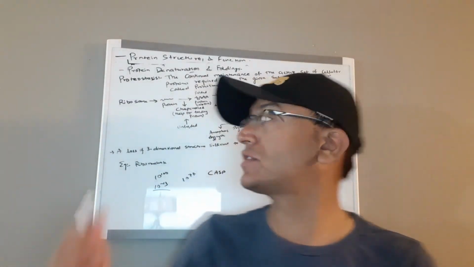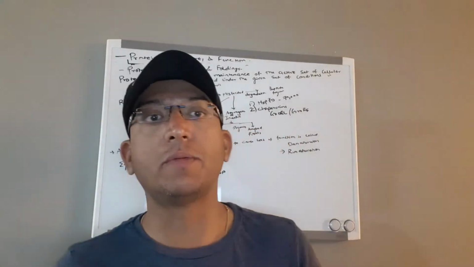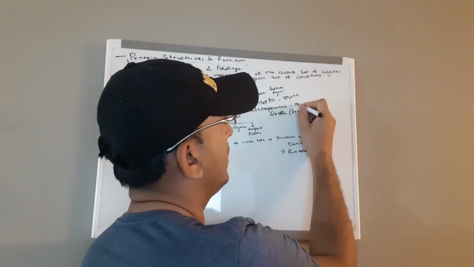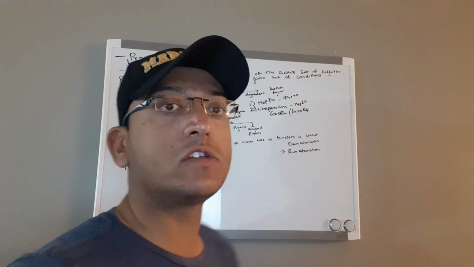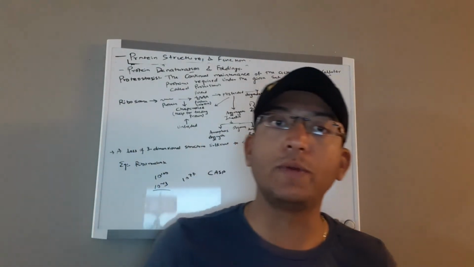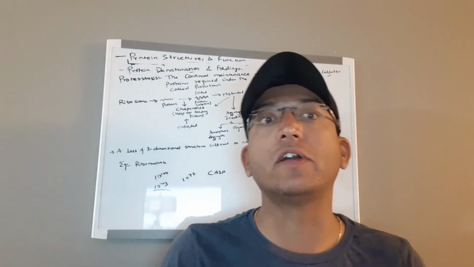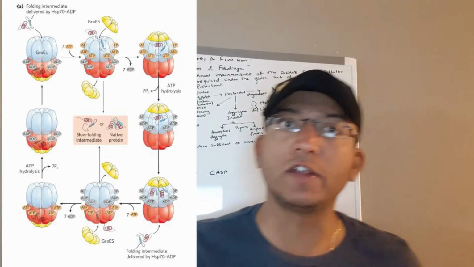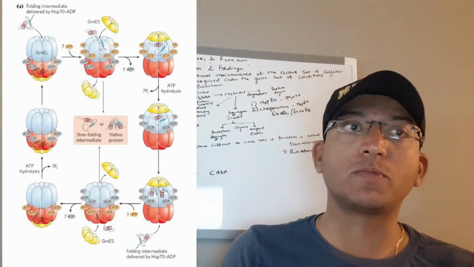The analogous chaperonin system in eukaryotes is called HSP60. The chaperonins first became known when they were found to be necessary for the growth of certain bacterial viruses. On your screen you can see the system.